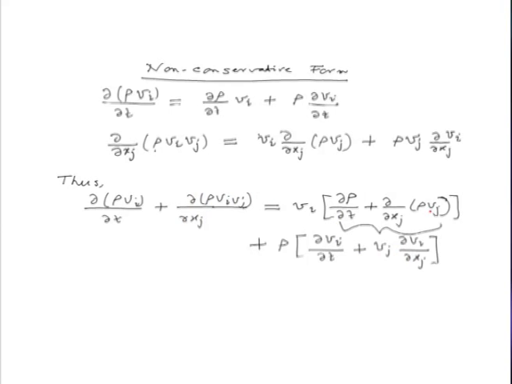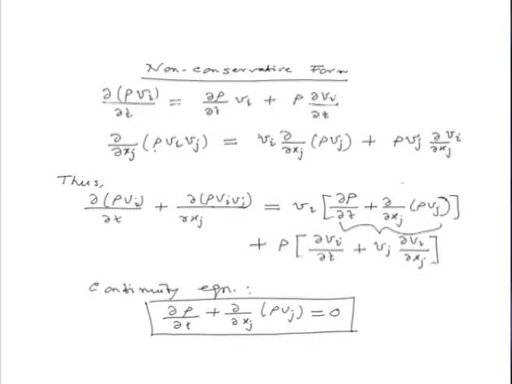Now let us have a look at the first term on RHS. What does continuity equation say? Continuity equation in Cartesian tensor notation was given by del rho by del t plus del over del xj of rho vj is equal to 0.